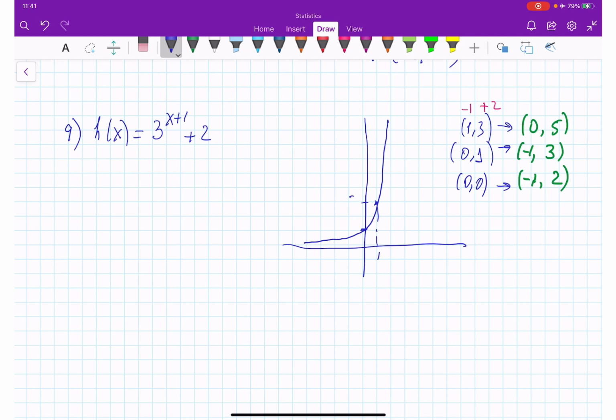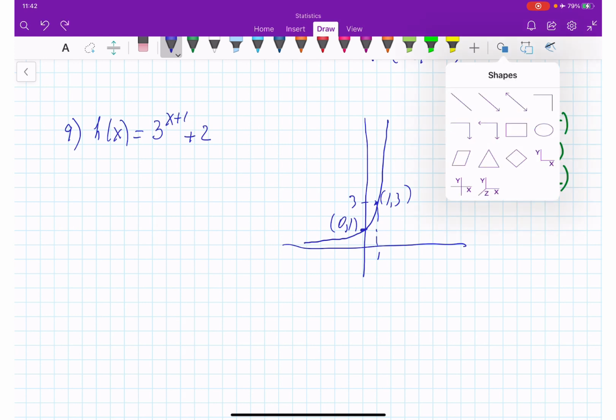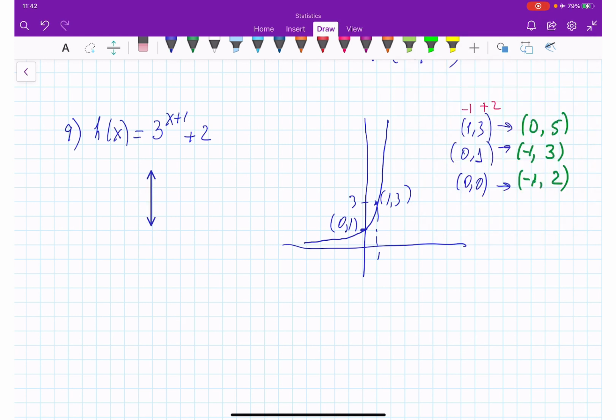So 1 and 3, and here is 0, 1. Now I'm going to build here separate. Let me go with this. Okay, and another one.